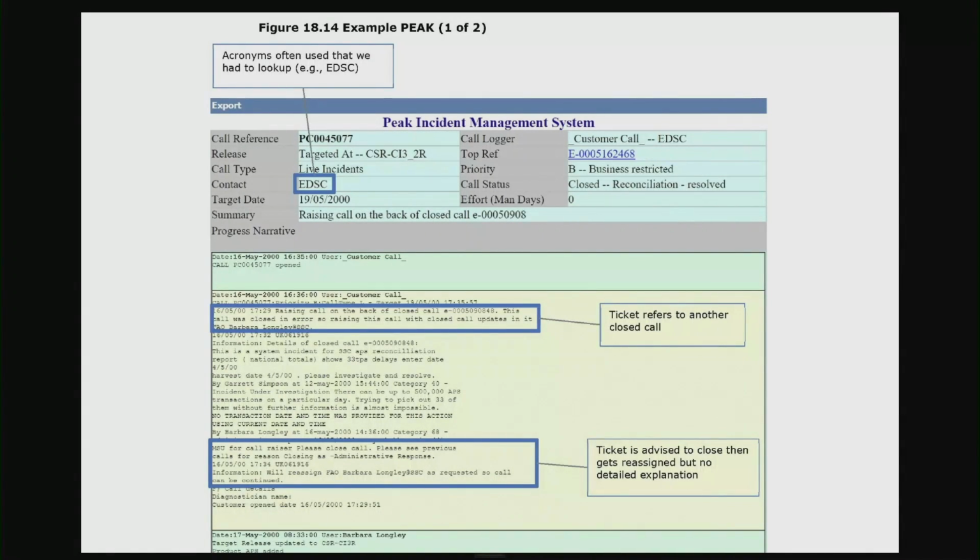This ticket's referring to another call, which indicates that they've seen this issue before, and the second call-out box says the ticket is advised to close, then gets reassigned, but with no detailed explanation. It's a bit of confusion for me as a reader to understand exactly what's going on based on this description.